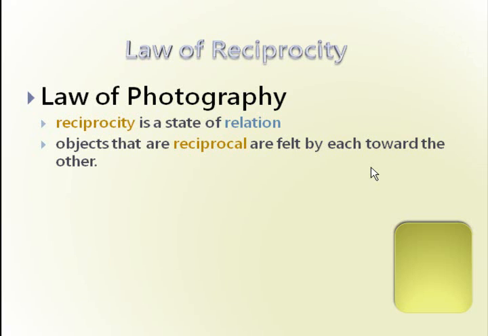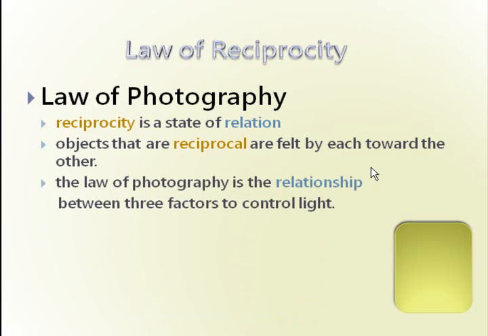Objects that are reciprocal. Now that might be a word you're a little bit more familiar with, so I wanted to throw that in there. It's another form of reciprocity. Objects that are reciprocal are felt by each toward the other. So if one object does something, it is felt by the other object.